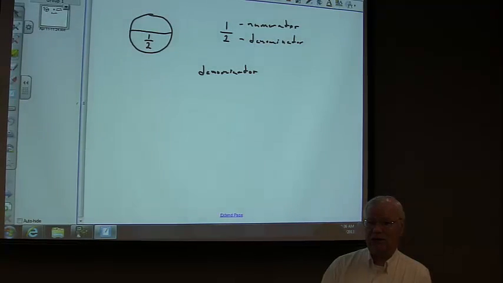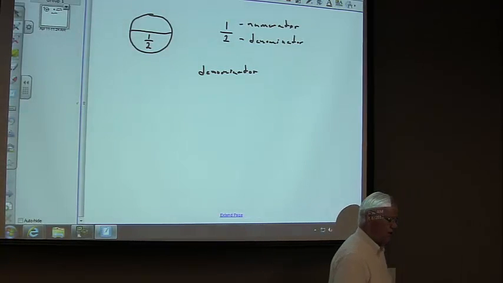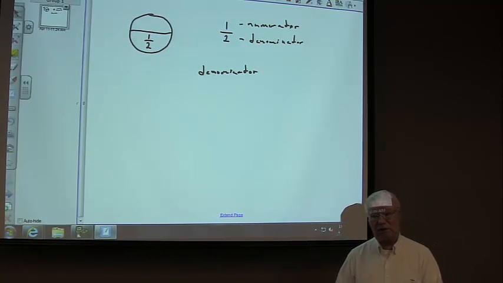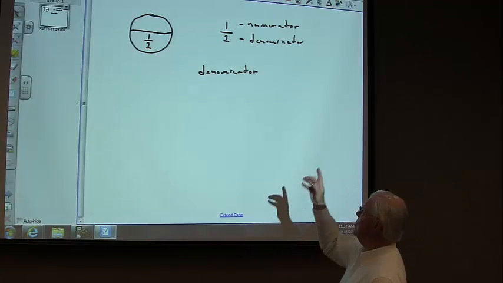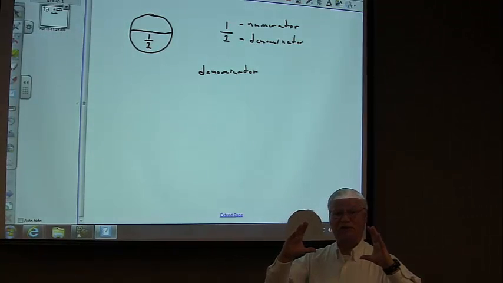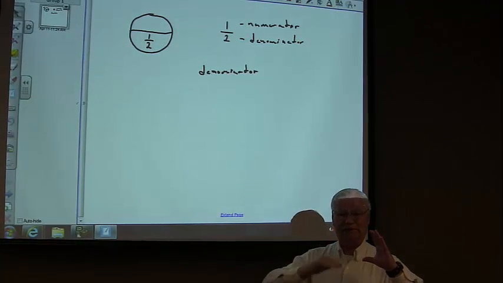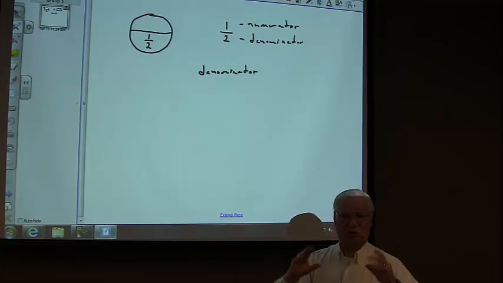Each one of those is a denomination. And in that sense, the denomination tells us what is the unit of measure. What are we measuring here? So the 2 in the denominator tells us that to make a whole, 2 pieces make a whole, or the number of slices in a whole is 2.